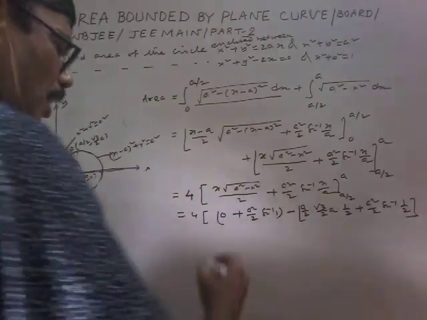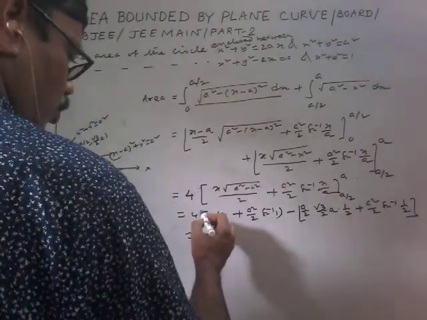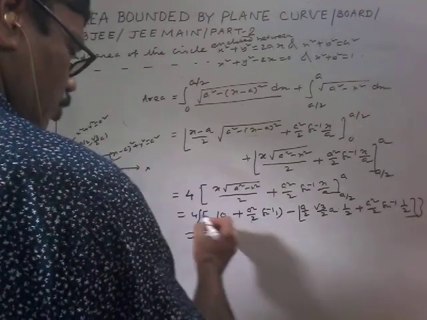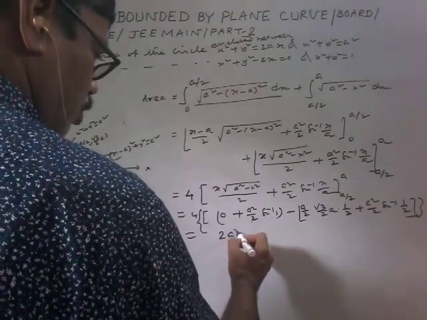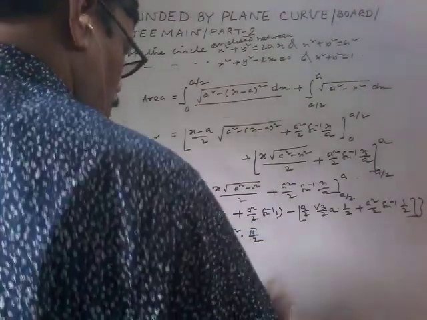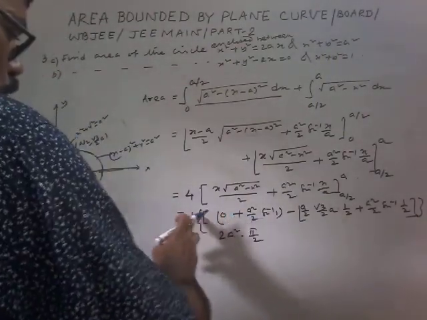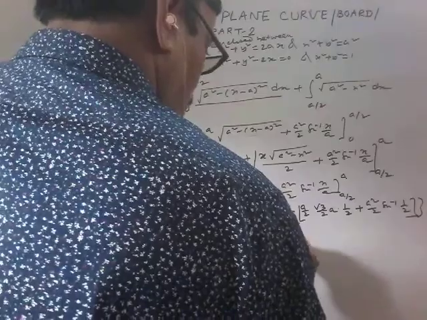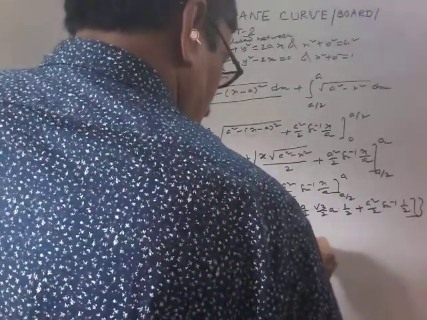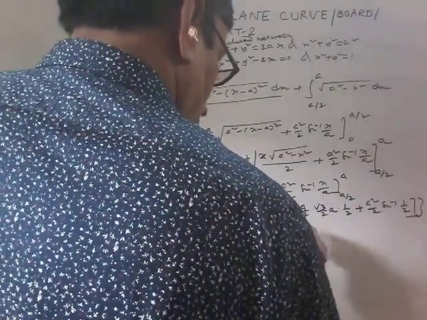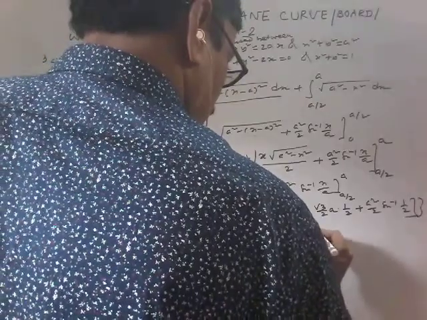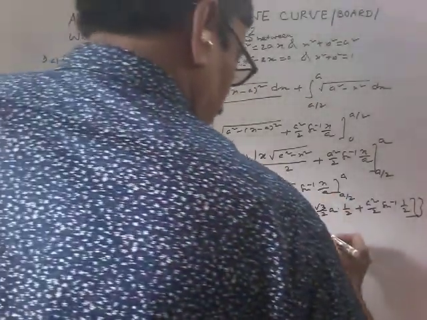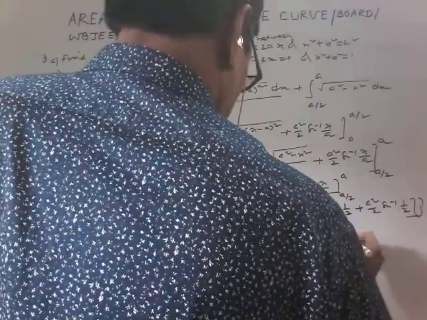So 4 into a square by 2 into pi by 2, minus root 3 by 8 a square, plus a square by 2 into pi by 6.